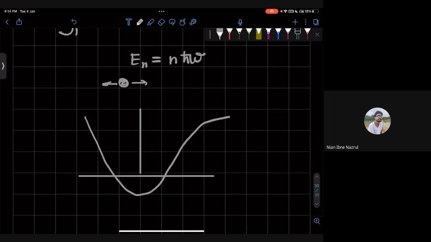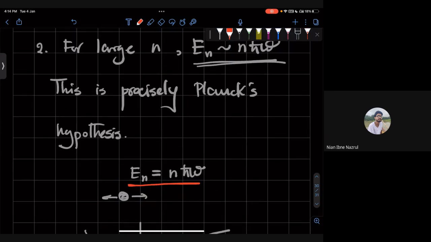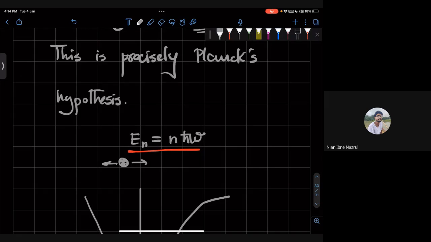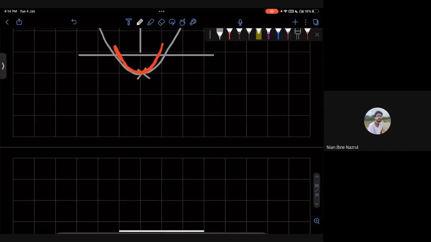And near the equilibrium point, this can of course be approximated by a quadratic potential, right? And therefore, this is something we can assume for the vibrations of molecules as a generic formula, right? So this analysis confirms Planck's hypothesis, right?